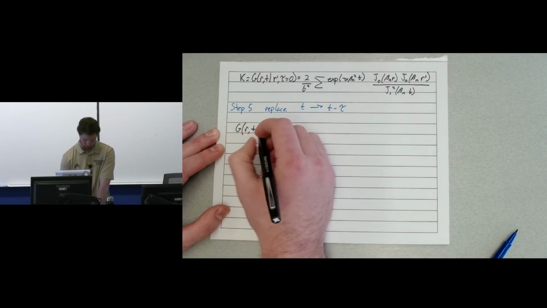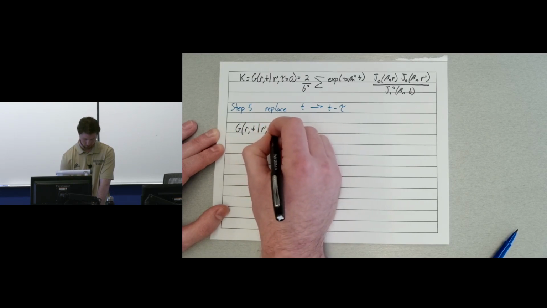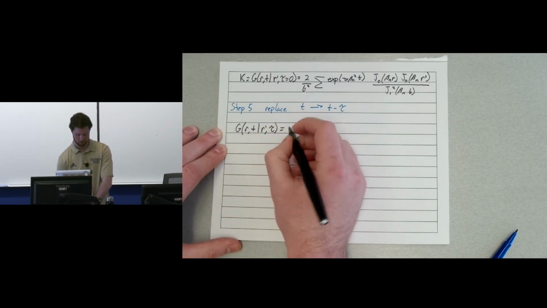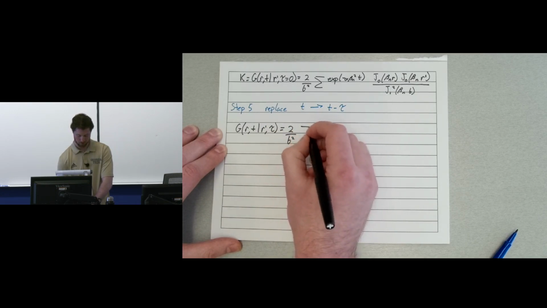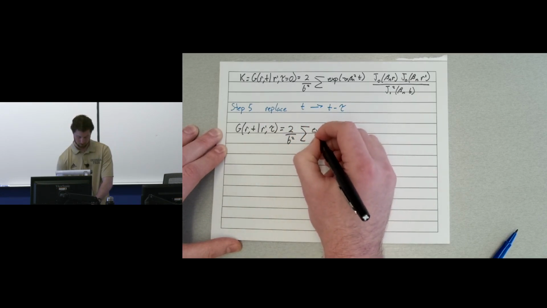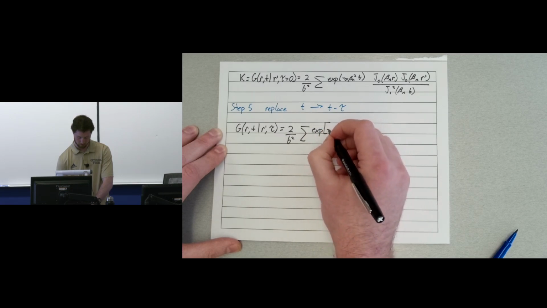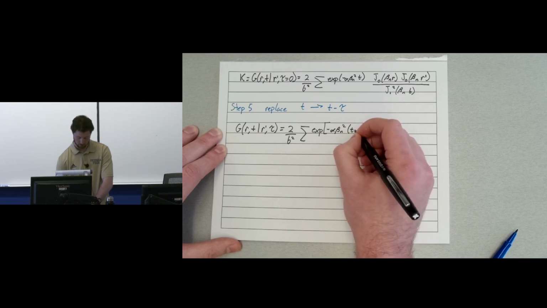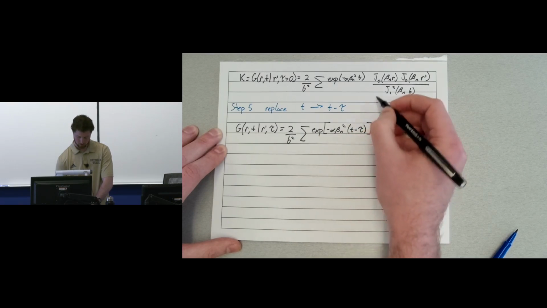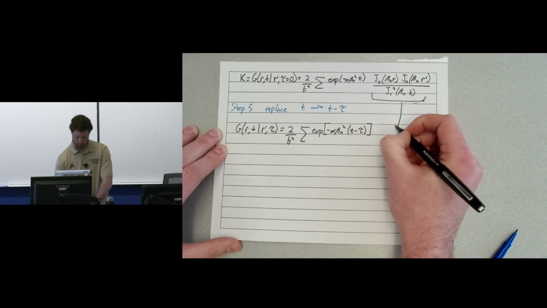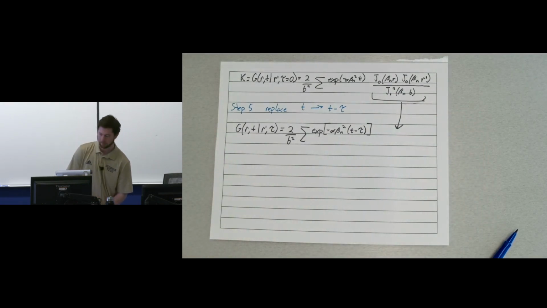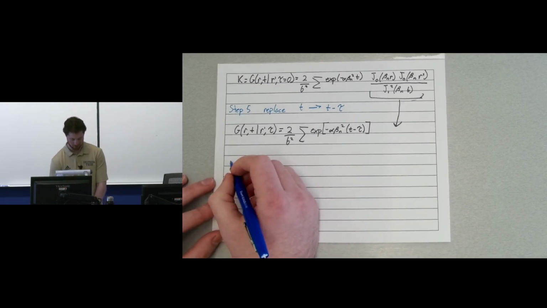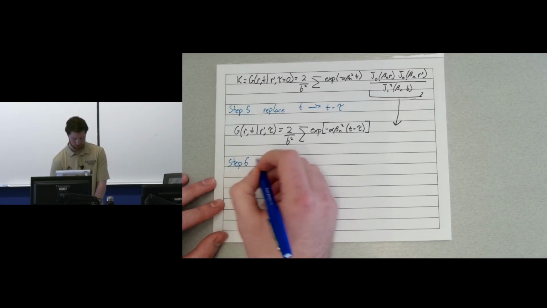So G of r, t, r prime, we're almost through it, equals 2 over b squared, the summation, which is now going to be the exponent of negative alpha beta n squared times t minus tau, times this. There you go. We have our kernel. We have our Green's function. So then all that's left to do is just substitute.